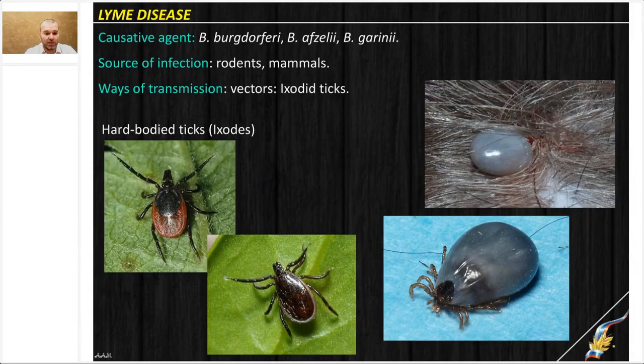So, as we said, bacteria can cause two groups of diseases. The first one, more prevalent, is Lyme disease or Lyme borreliosis or just borreliosis. Bacteria can be transmitted through ixoid ticks. It is a hard-bodied tick, and usually rodents act as the source of infection, maybe some other animals, especially if it is a dog who is walking in the forest, ticks can stick to them as well.